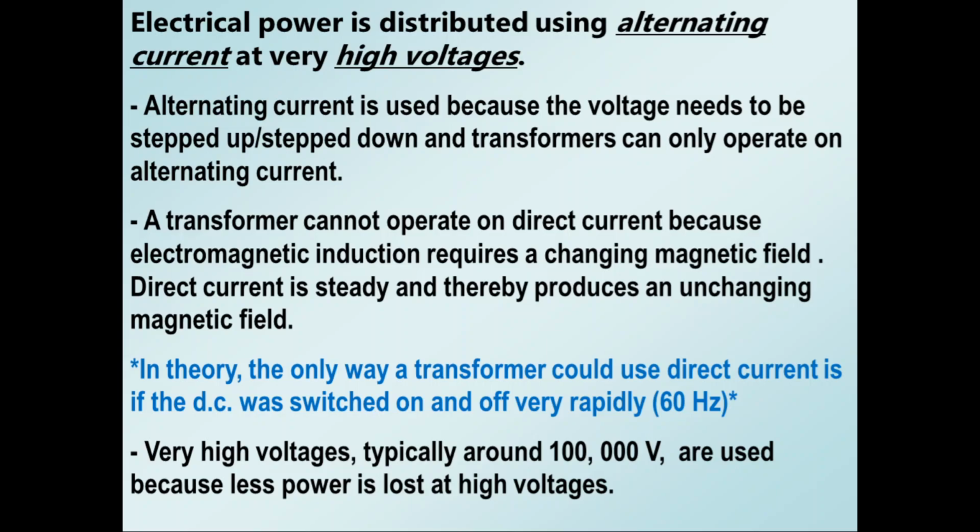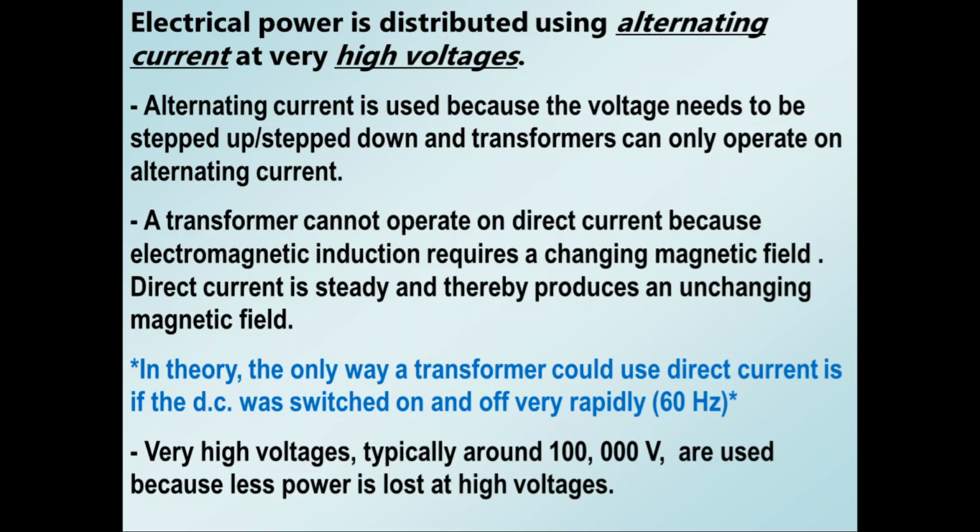So in theory, if you could turn on and off direct current at 50 or 60 times a second, then you could transmit using direct current. But it's highly impractical. Who can turn on and off a switch at 60 times a second? If you were able to do so, the switch would break off very quickly, right?